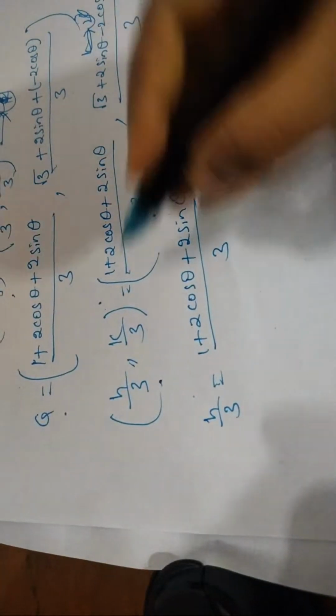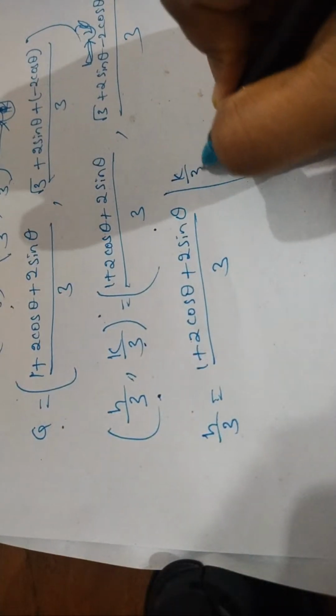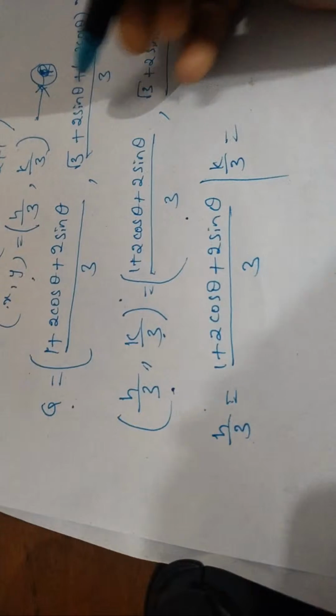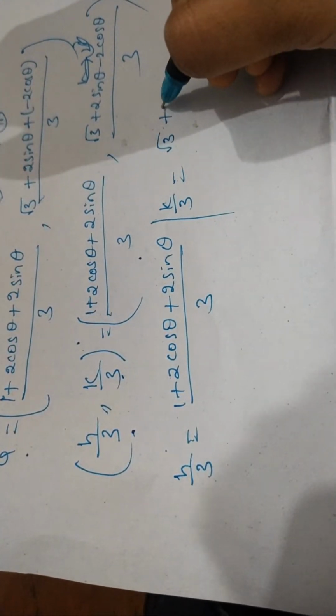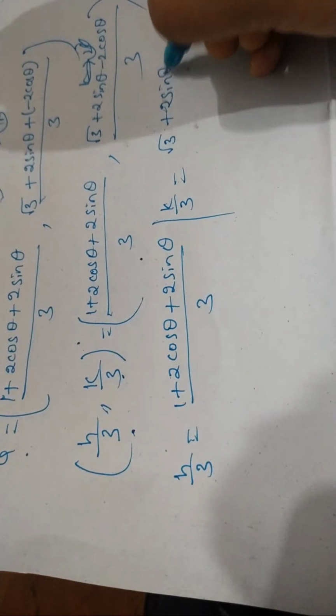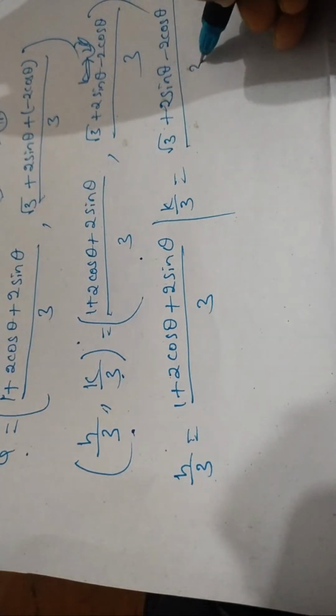Now equate the y points: on the left hand side k/3, and on the right hand side y is (root 3 + 2 sin theta minus 2 cos theta)/3.